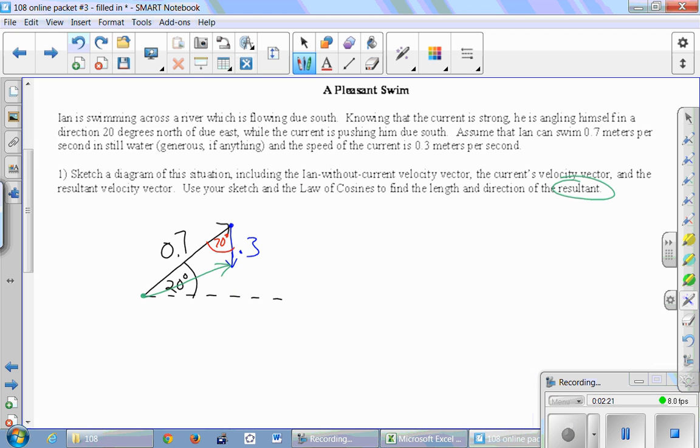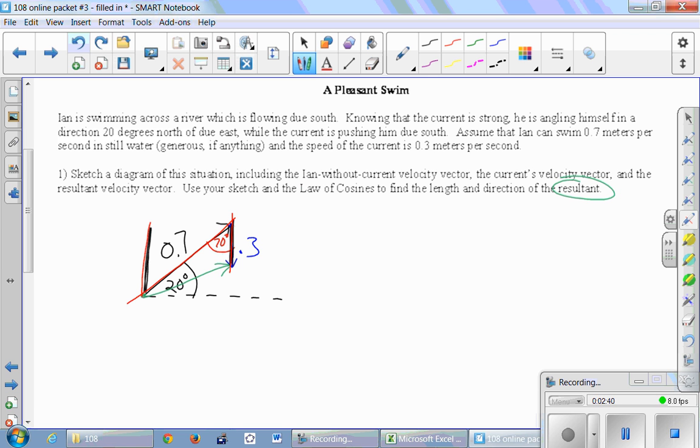If your high school geometry class brings back fond memories, then I could give you another way to get the 70, and that's to draw a north-south line, because that's parallel to the north-south line of the current, and then taking a look at these parallel lines and the transversal that hits them both.